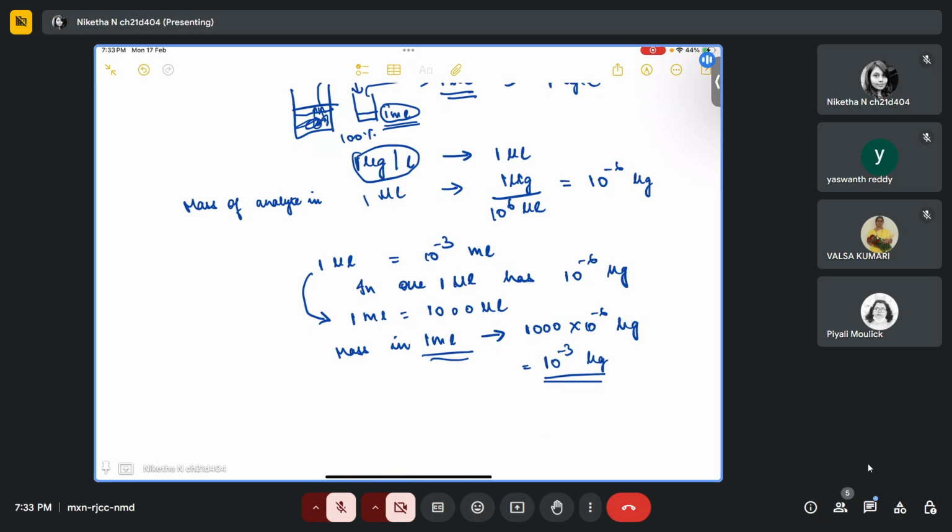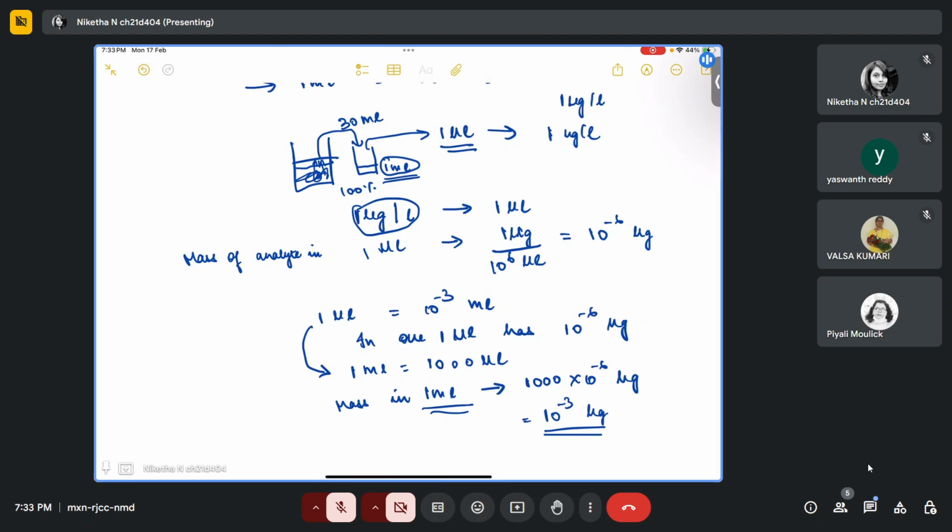So there are 10 power minus 3 microgram of that mass in 1 ml of this sample. Since this is the entire mass of the chemical present in 1 ml, this 10 power minus 3 microgram was what was present initially in 1 liter.